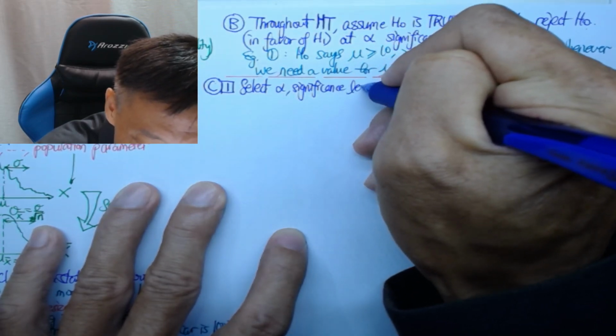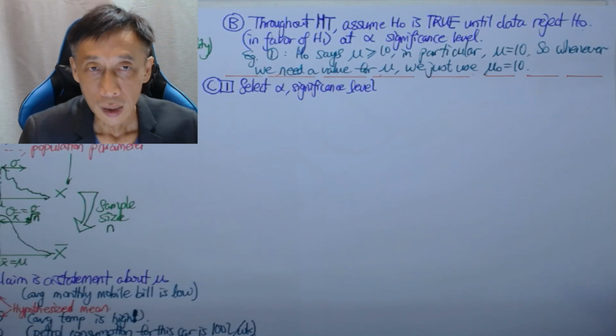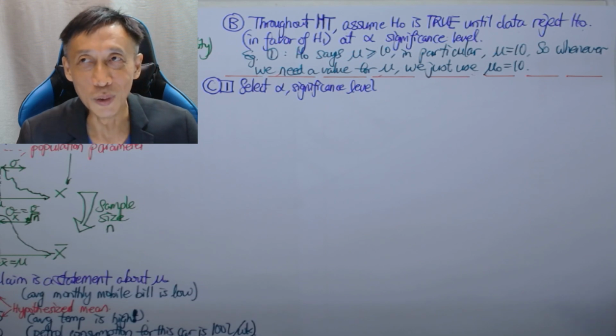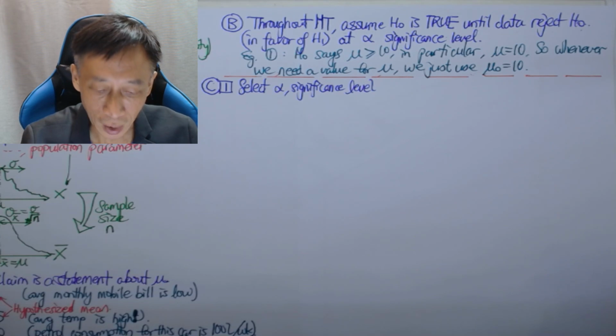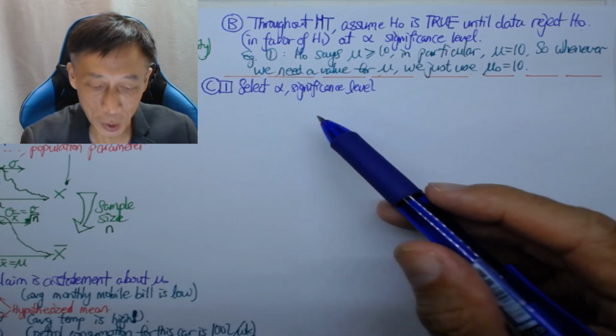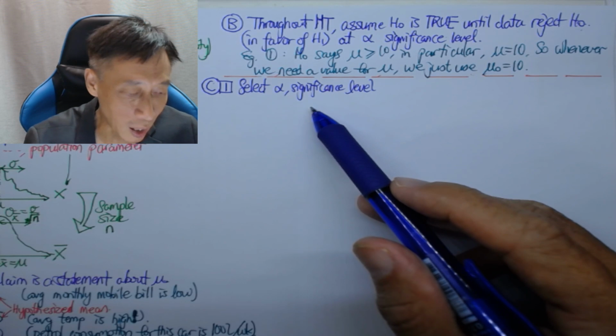So just like confidence interval, where we select a confidence level, as a student, you will read about the confidence level in the exercise or the exam question. And likewise here, right? As a student, you will receive this information from the exercise or the exam question. So select alpha.